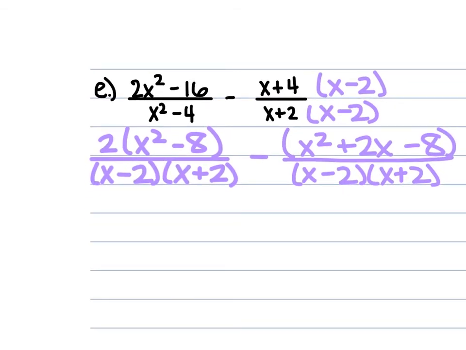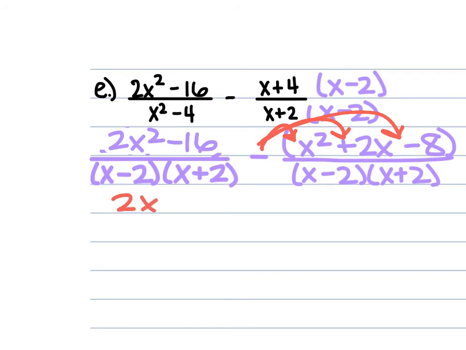So from here, we actually didn't have to factor out that top. We can leave it as the 2x squared minus 16, so make sure you leave that there. From here, distribute that negative in.